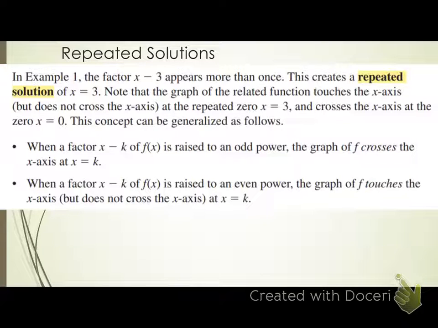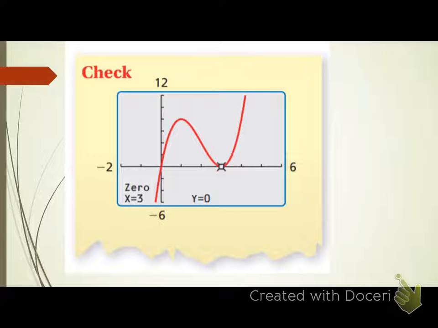Note that the graph of the related function touches the x-axis, but does not cross the x-axis at the repeated 0, x equals 3. So here's the graph of our polynomial that we just solved. As it says, notice that at the solution x equals 3, my graph doesn't actually cross it. It just kind of touches it and then goes back up. Does that make sense? And then at x equals 0, it actually crosses it.